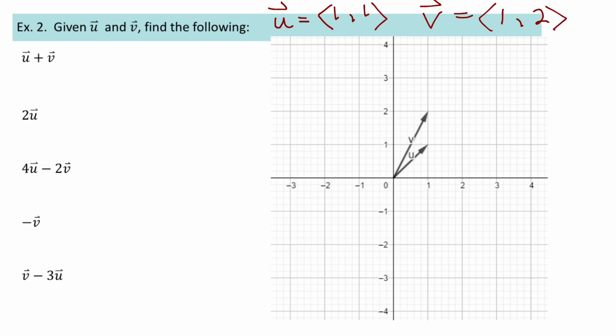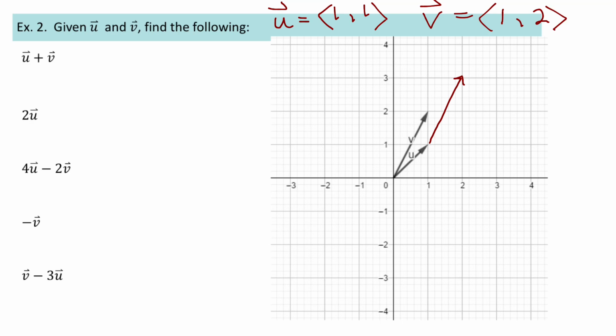So first we'll calculate the vector U plus V. That means I'm going to tip to tail arrange U and V. So U is already okay where it is. Now V, we're going to go starting at the tail. We're going to go 1, 2 for V, so that V is arranged like I showed you in the prior slide.